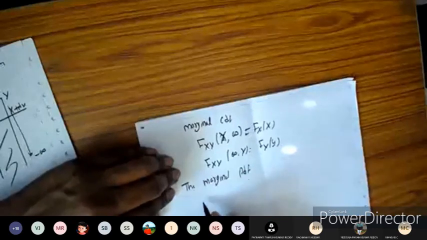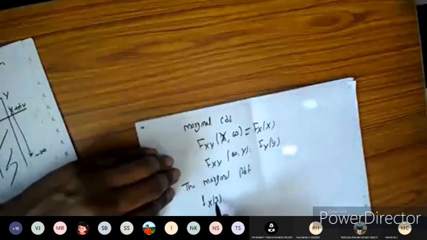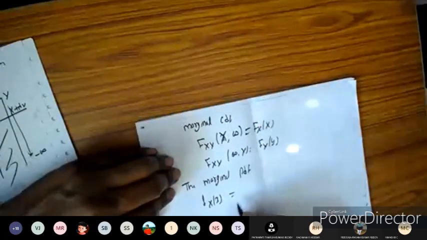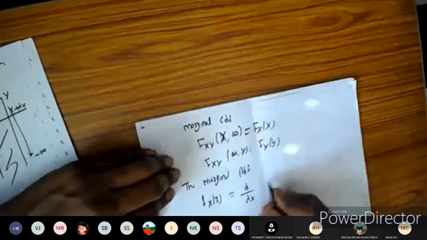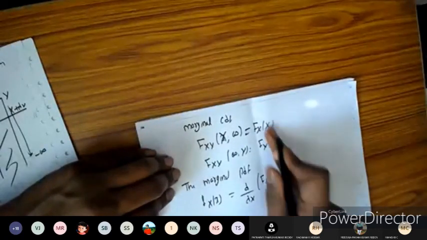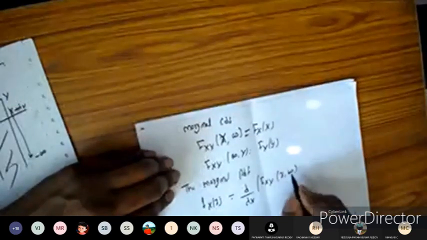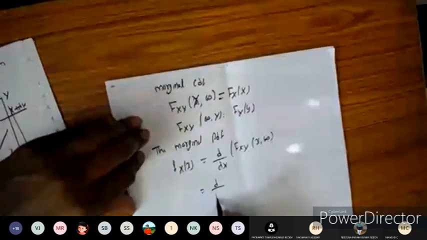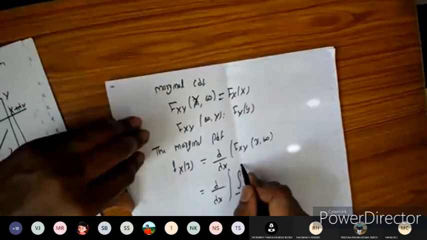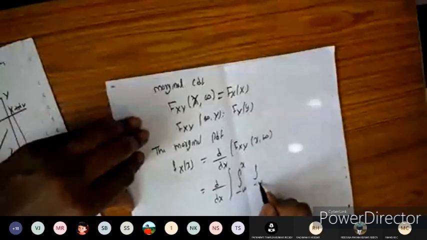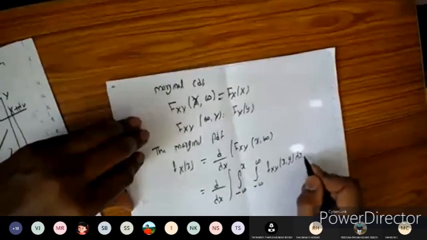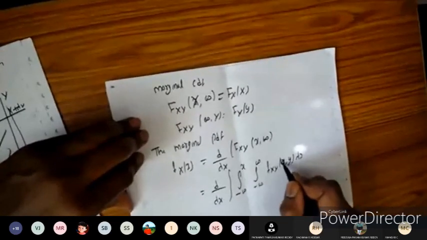So f_X(x) can be obtained by differentiating this: d by dx of F_XY(x, infinity), which is the integral from minus infinity up to x, and infinity as the upper limit, of f_XY(u, y) du dy.